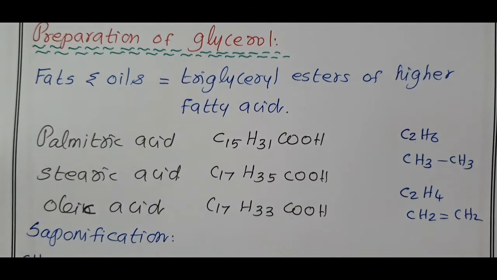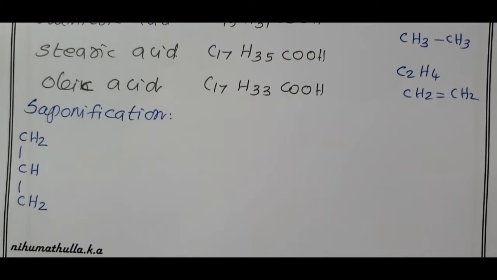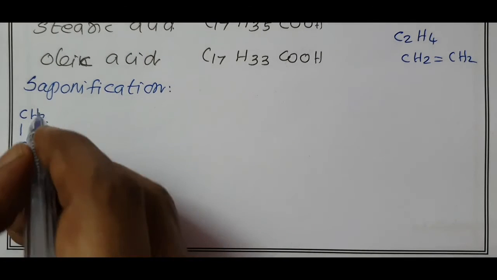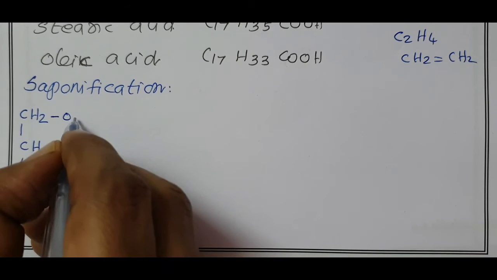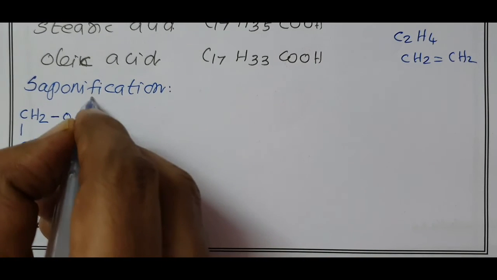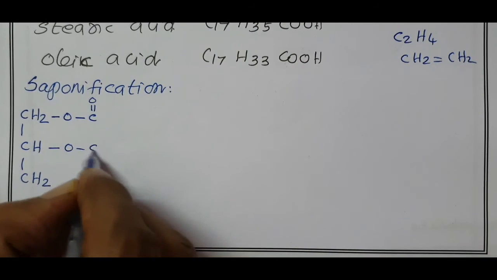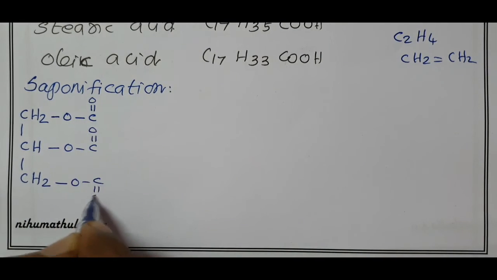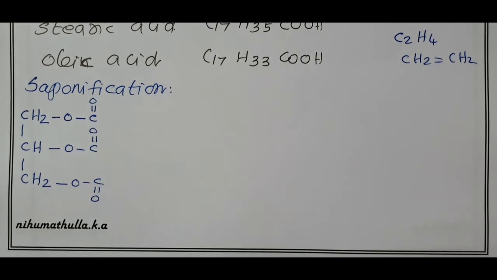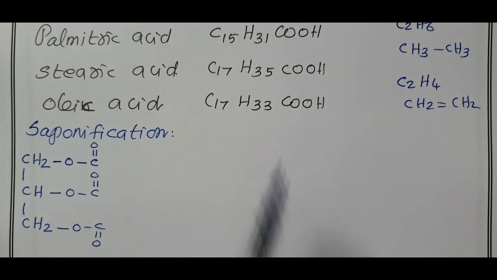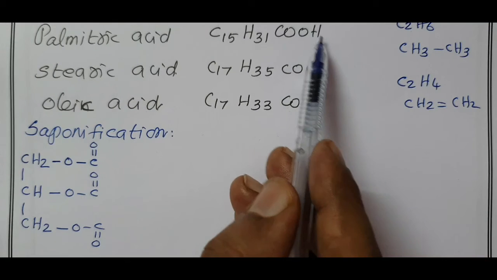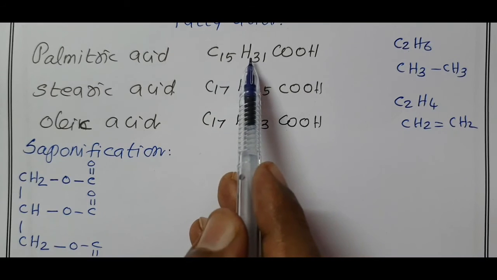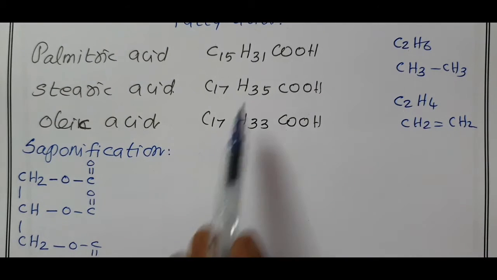Triester. What is the functional group for ester? COO is the functional group for ester. Now I write the functional group, OC double bond O. From where is this ester obtained? This ester is obtained from the higher fatty acid, that means palmitic acid. When one H is removed, it is called palmitate: C15H31COO. We have to add C15H31 to this COO.